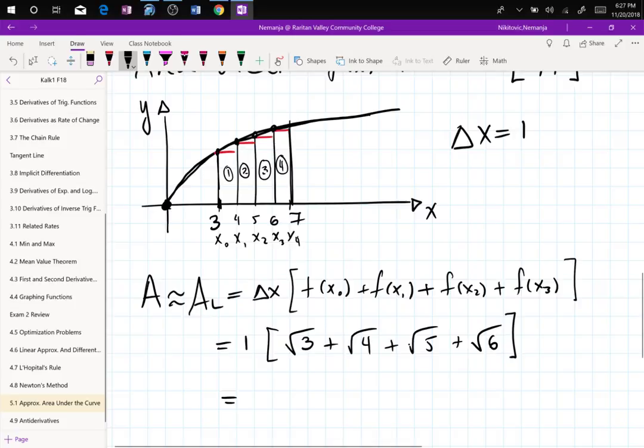So the calculator says square root of 3, plus 2, plus square root of 5, plus square root of 6. So that's 8.42, about. So area is about 8.42. I can check what the exact area is, just to see how close this is.